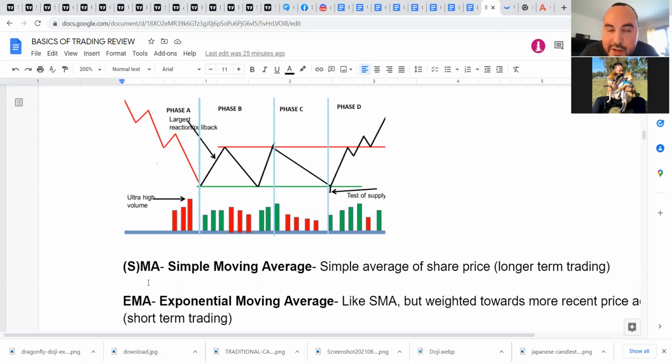So if it's a 9 EMA or a 9 SMA, it's just a regular average. There's no fancy formula. With the EMA, it is weighted towards more recent price action. So when would you use the EMA? When you're looking at more recent trades: day trading, short-term swing trading.